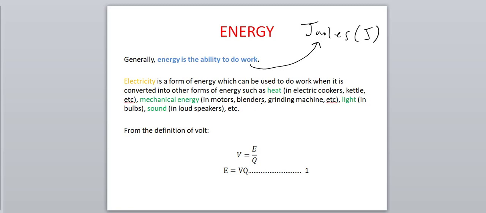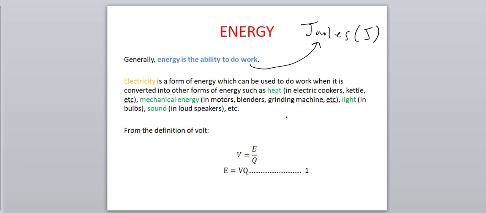Electricity can also be converted into light, and devices that do that conversion are bulbs generally. Electricity can also be converted into sound. This can be found in loudspeakers. So there are other forms into which electricity can be converted, and there are special devices that help this conversion process.